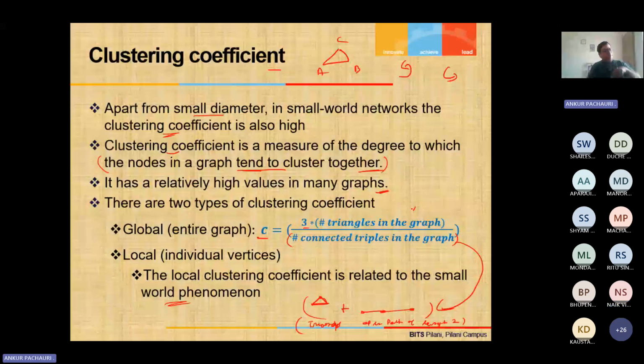Now, if there are more triangles, what is the interpretation? Suppose, for example, initially the graph was having 10 triangles in terms of closed paths. Now the triangles increase. So what does it mean? Let me explain it that way.